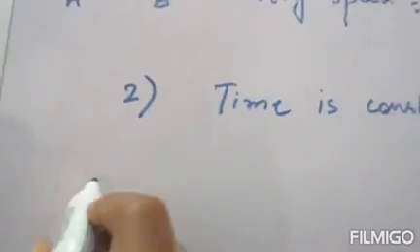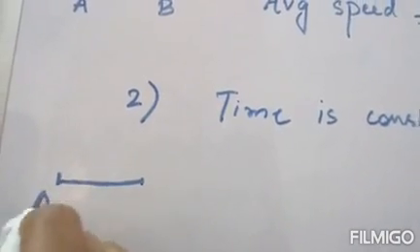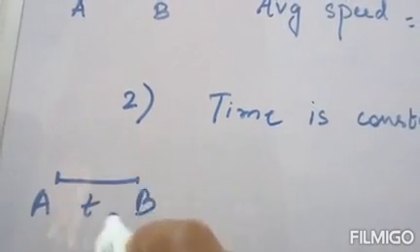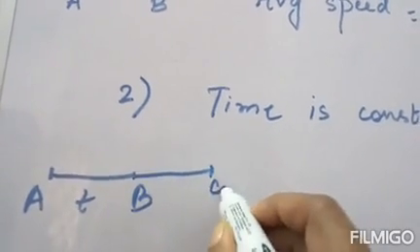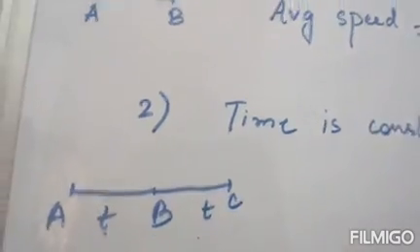And the second case is when the time is constant. That means you have covered A to B in a certain amount of time, and from B to C in a certain amount of time, but in both cases the time is constant.